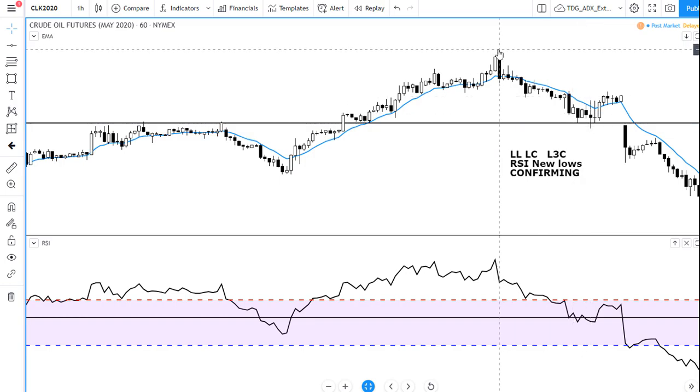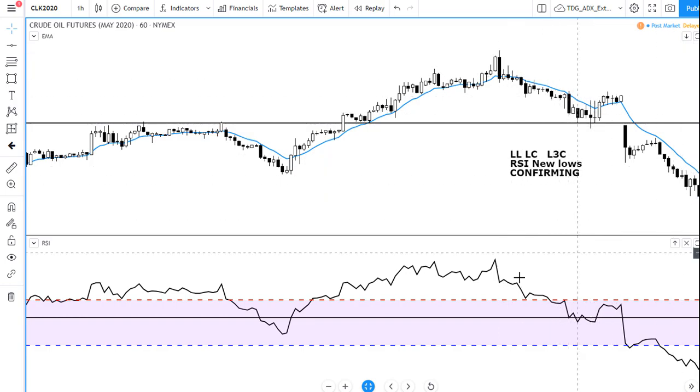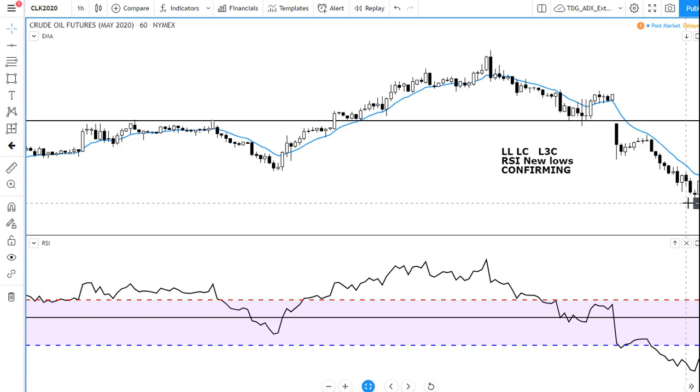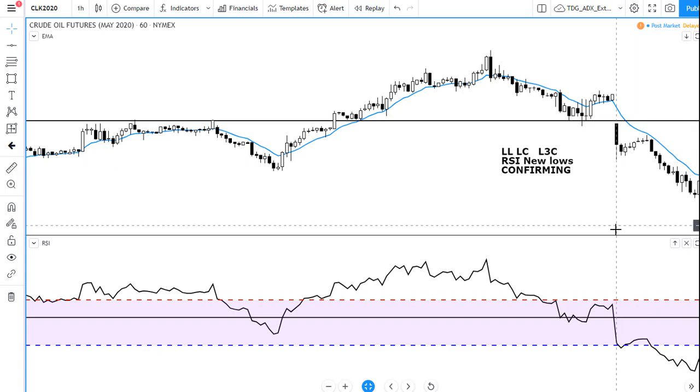So again, looks the most bullish at the top, looks the most bearish at the bottom. Right here, we just made a new structure low, lower close. We stop on a dime. Now there we do have a bullish engulfing candle. The RSI turns up quickly, and literally from the lows right here at 50.57, we pop straight north 100 ticks, which is $1,000 a contract.